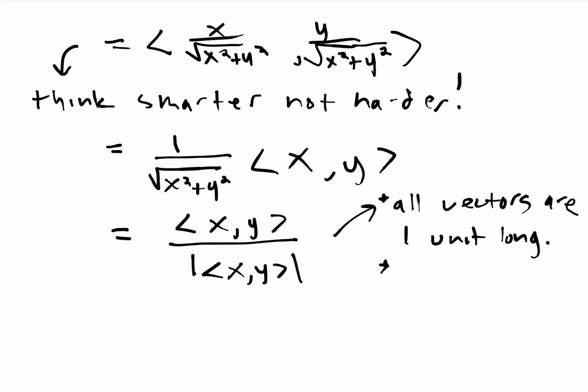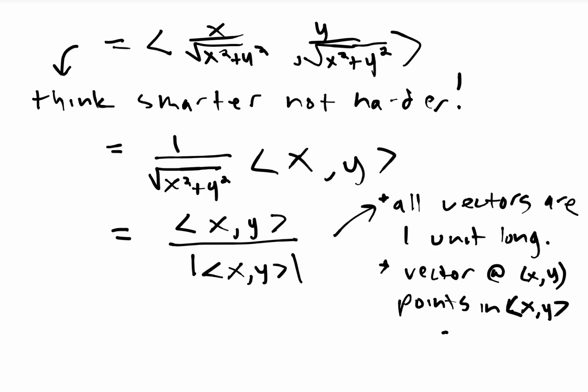Another observation that I can make is that my vector at any point xy is going to point in the xy direction. The thing on the bottom, all that division is doing is scaling it. I don't see any multiplications by negatives or any other weird functions.